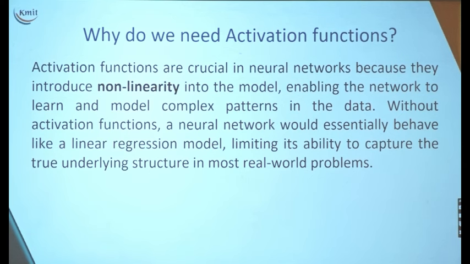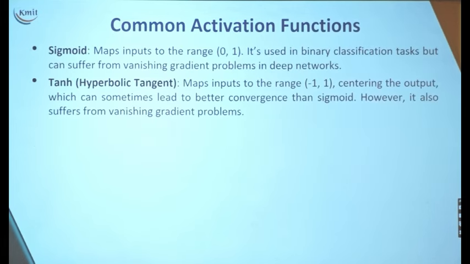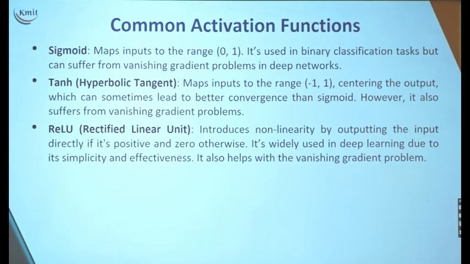Activation functions. If you don't use activation functions, your network will simply function like a linear model, where the output will not be as predicted, or it will just take the input and pass the same to the output layer.